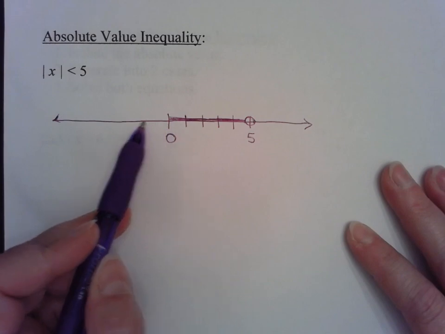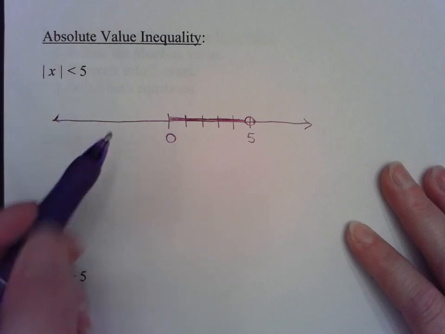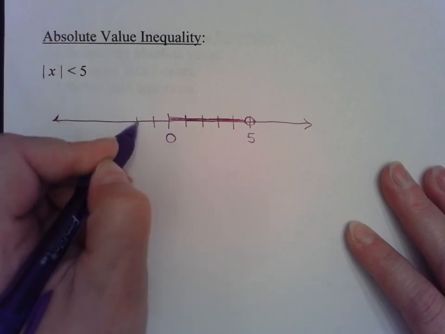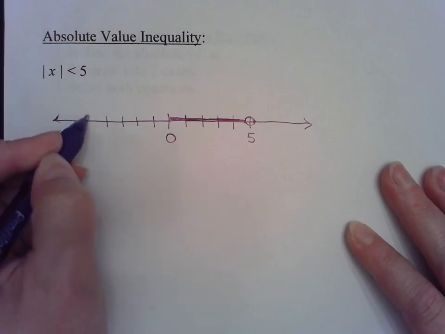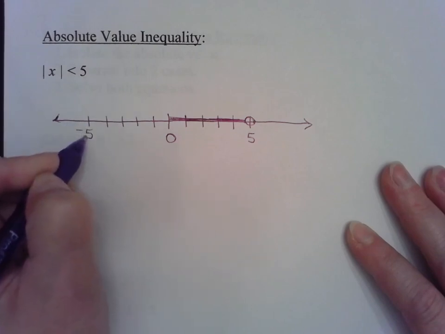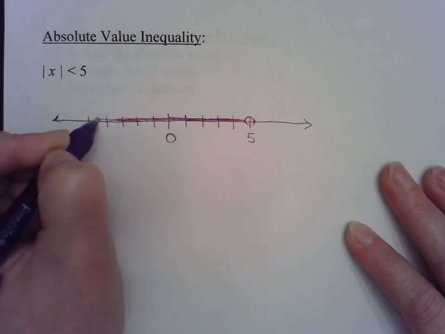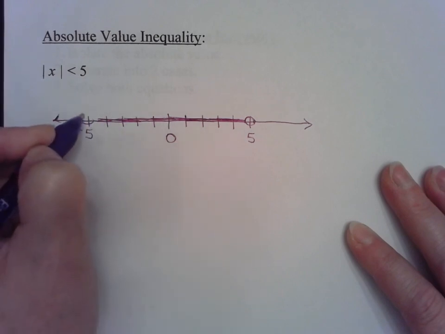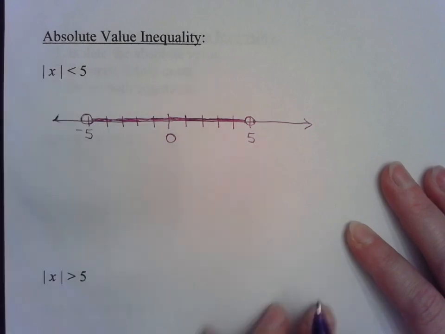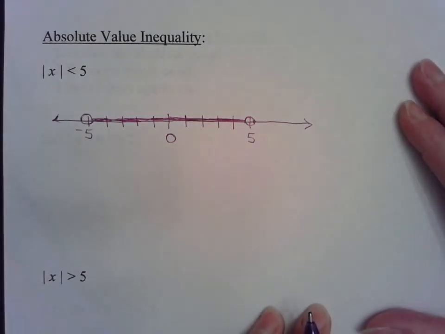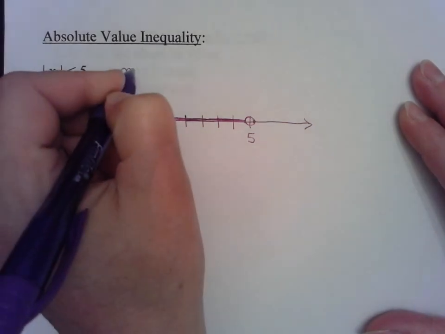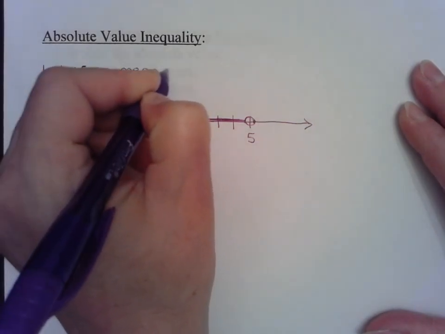Likewise, I could be up to 5 units away on the left-hand side as well. So -1, -2, -3, -4, up to, but not including -5. All of these would solve this inequality. Okay, and we've actually talked about 2 parts.